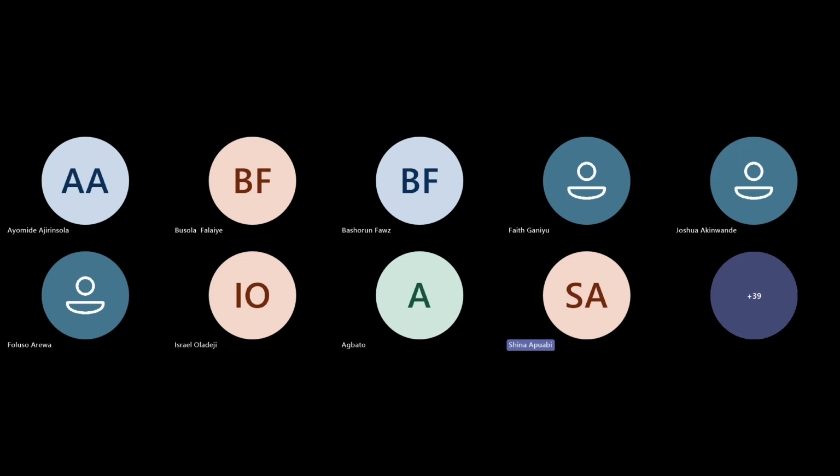Somebody is asking a question: what's the difference between database and schema? Now, a database is what houses the objects that you can use, like a bigger folder that contains many things you can use to work.